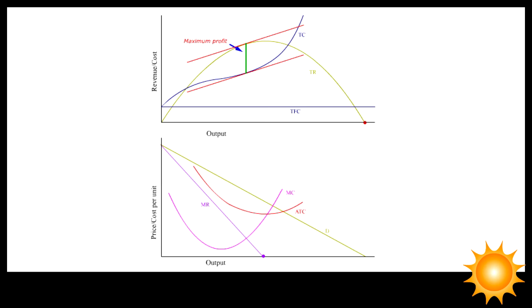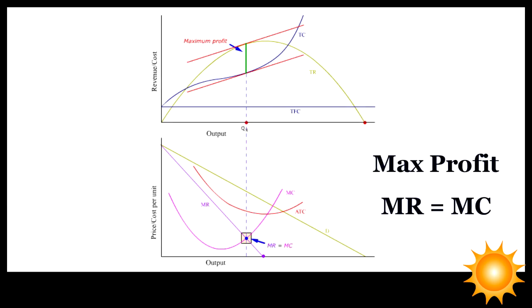Since the slope of the tangent to TR is equal to MR and the slope of the tangent to TC is equal to MC, when the slope of these two tangents are equal, MR is equal to MC. That means we can directly determine the maximum profit output by the intersection of MR and MC.